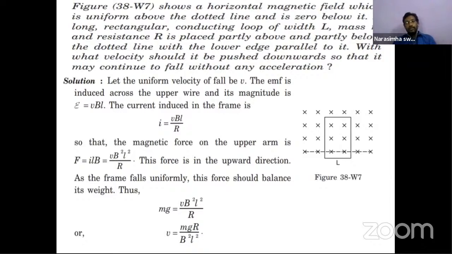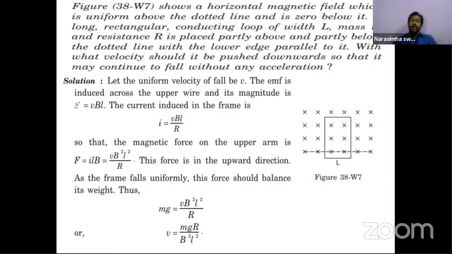As the frame falls uniformly, this force should balance its weight. The weight is mg, always downward, but the upward force is B square L square v by R. Both balance, so the frame is not falling with the acceleration due to gravity.